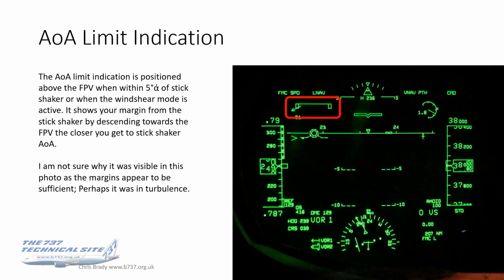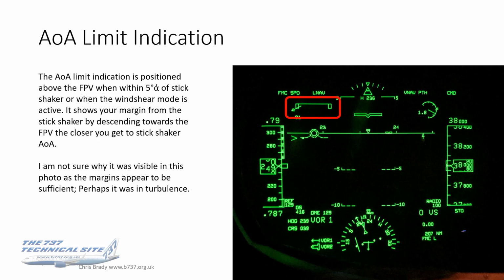You've also got an additional display on here, which is that large square-shaped bracket. That's your angle of attack limit indication, and that's positioned above the flight path vector when you get within 5 degrees alpha of stick shaker, or when the windshear mode is active. It shows your margin from the stick shaker by descending toward the FPV the closer you get to the stick shaker angle of attack.